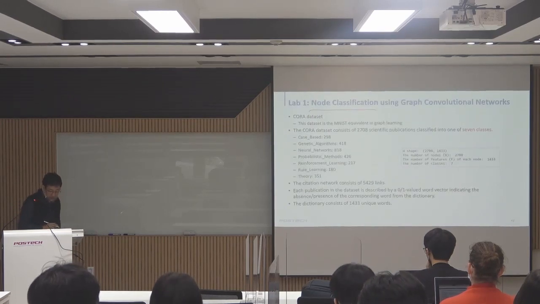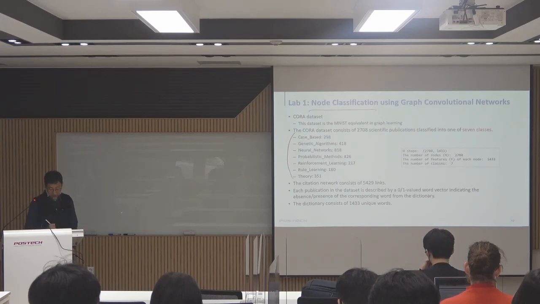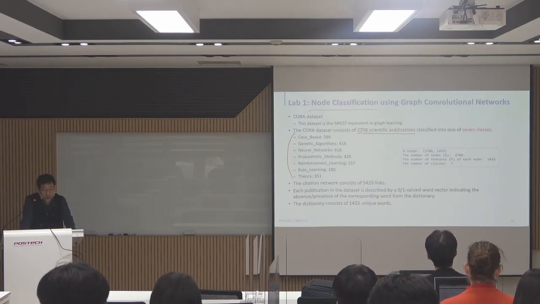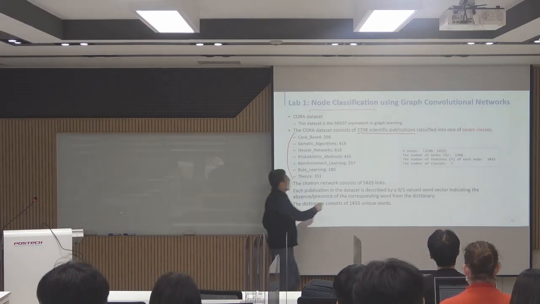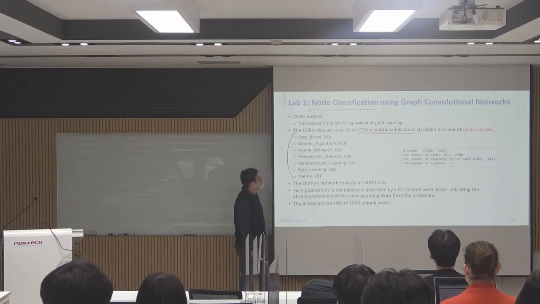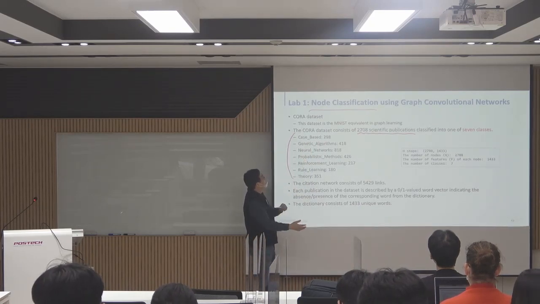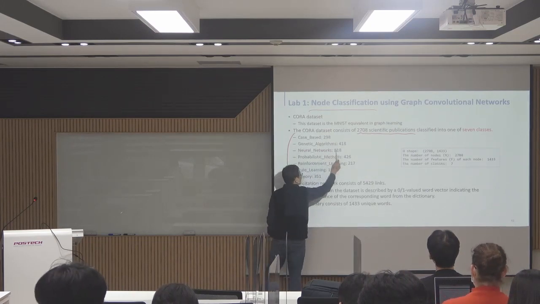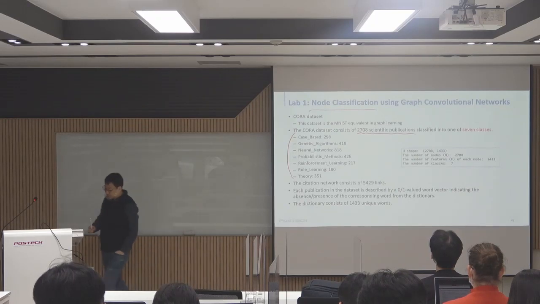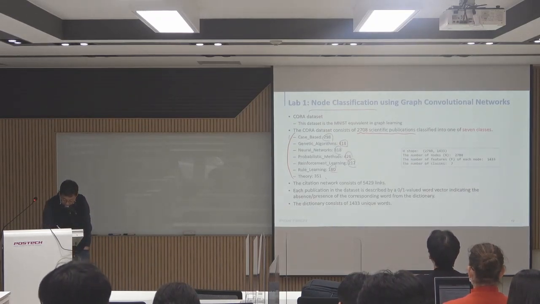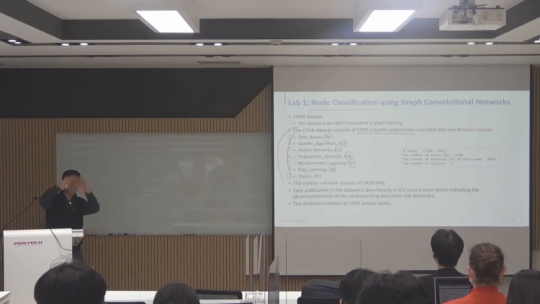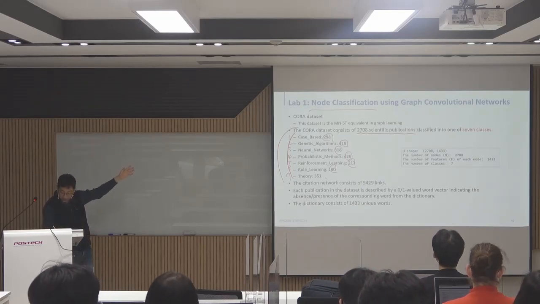What kind of problem is it? These are scientific publications and journal papers, and I want to categorize them into 7 classes, for example case-based, genetic algorithms, neural nets, probabilistic methods, reinforcement learning, and so on. So we do have 7 categories, and in the training data set we have this number of papers.